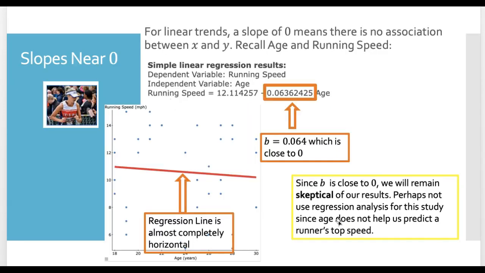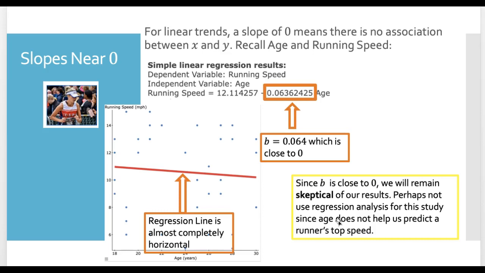So really quick, one thing that we should be careful for is slopes near or equal to 0. If the slope were 0, then all we would get is a constant function. y would just be equal to the y-intercept, and that would just be the average of y.